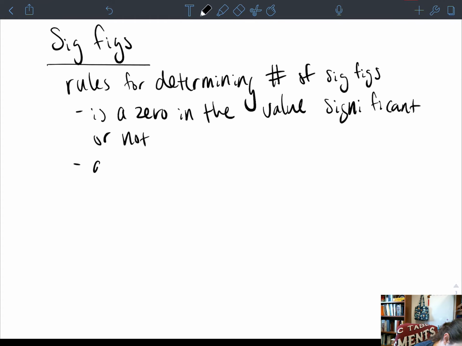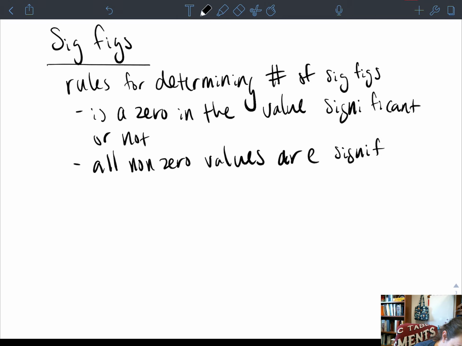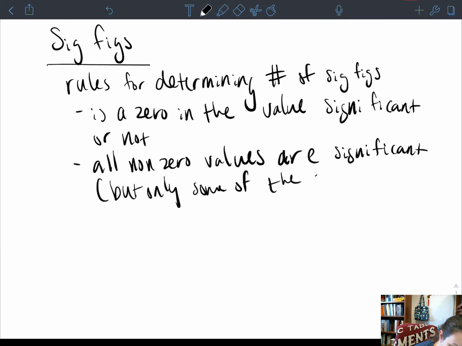Because all non-zero values are significant, but only some of the zeros are.